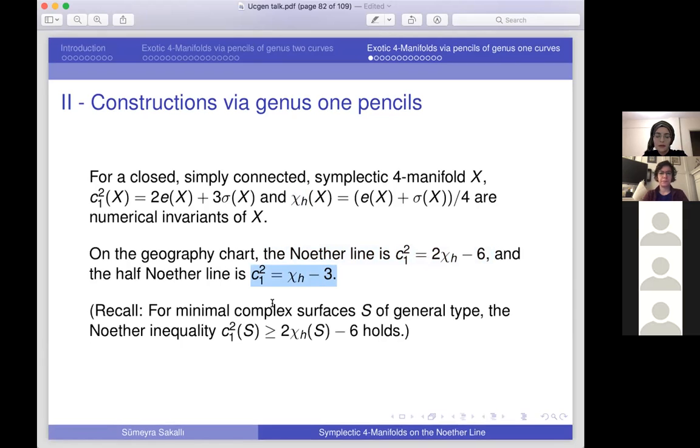And by the way, recall that for minimal complex surfaces of general type, the Noether inequality holds. So if you have a minimal complex surface of general type, then they are all lying above the Noether line. But for smooth symplectic manifolds, it's not true. Below that line, you can have many interesting 4-manifolds.